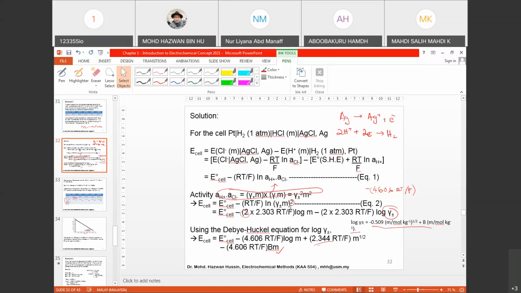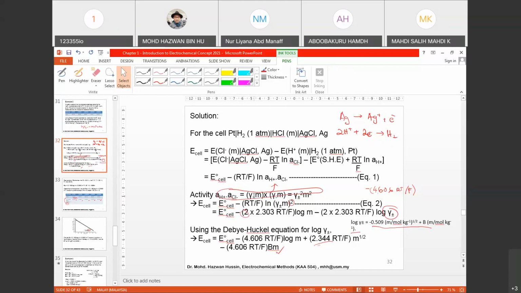Then you will substitute this value, because overall, if you use this one, you cannot relate it with Debye-Huckel, because Debye-Huckel is always related with the activity coefficient, which in this case is gamma. So you have to convert activity into activity coefficient. This is what we have seen before: the activity of positive ions and the activity of negative ions will equal the activity coefficient multiplied with the concentration.